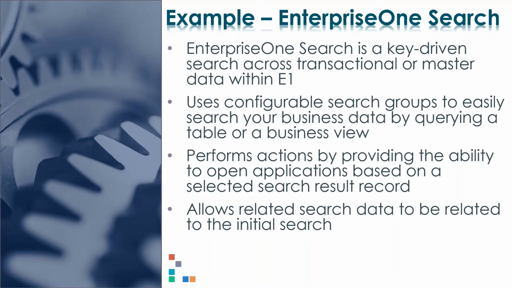The other place that I like using EnterpriseOne Search is if I've got a group of users who need to get information from the system, but they're not extensive JD Edwards users. So an example was I had a client who in the warehouse, they were frequently getting returns back from customers that didn't have an RMA number on them.